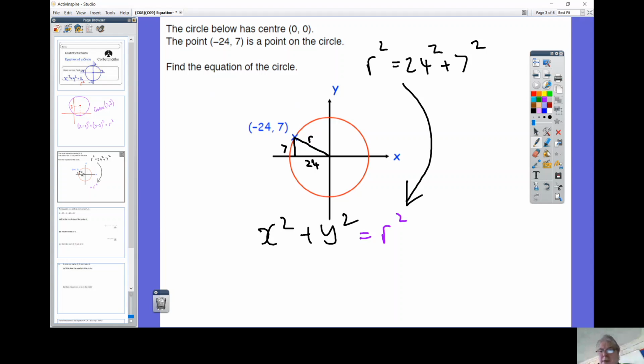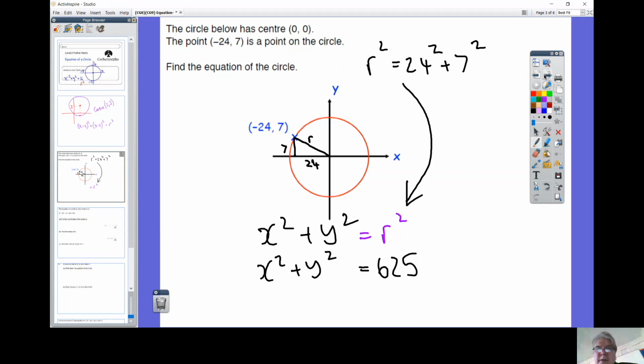So r squared is 24 squared plus 7 squared, that is your right-hand side. Don't square root it, because you want the radius squared. Anyone worked out what 24 squared plus 7 squared is? Yeah, so that would be your final answer: x squared plus y squared equals 625.